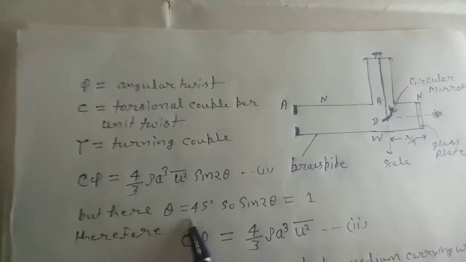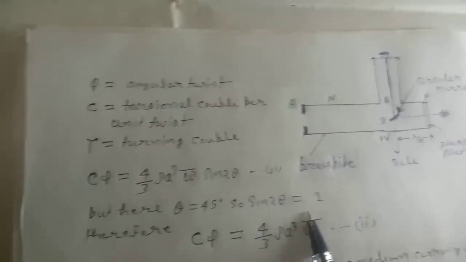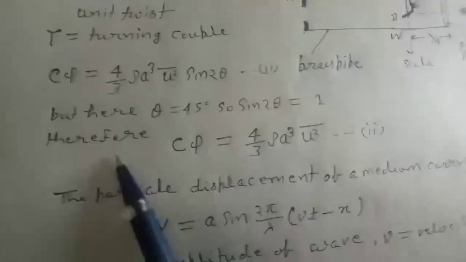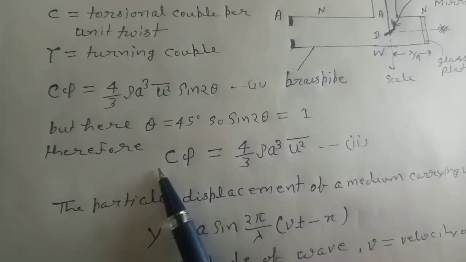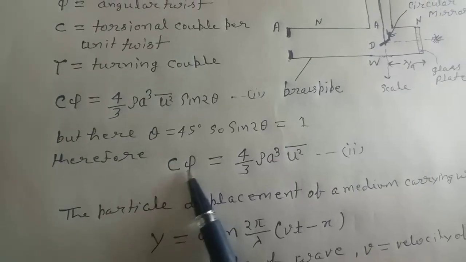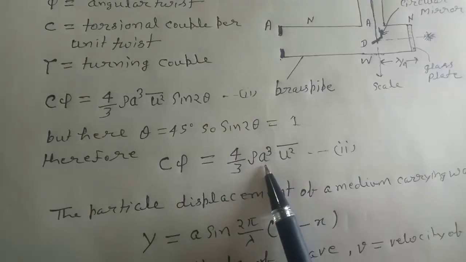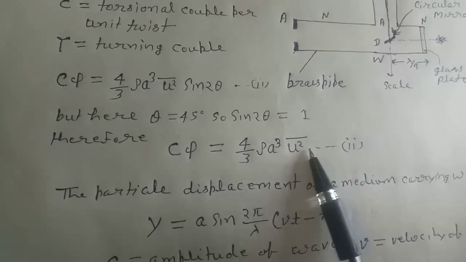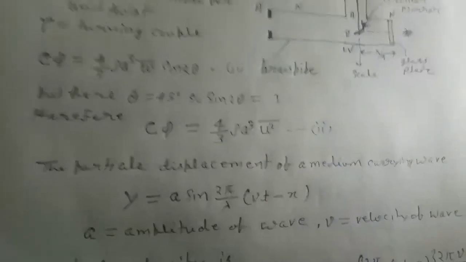But here theta equals 45 degrees, so sin 2 theta equals 1. Therefore C phi equals 4/3 rho a³ U² bar, equation 2.